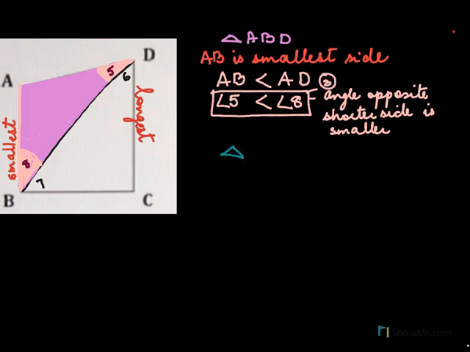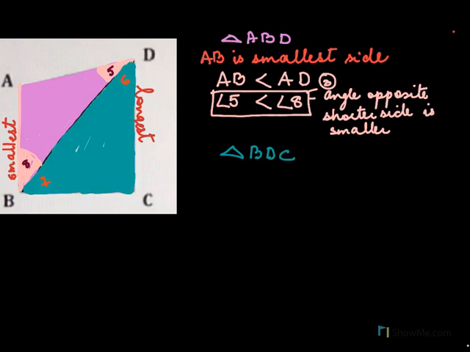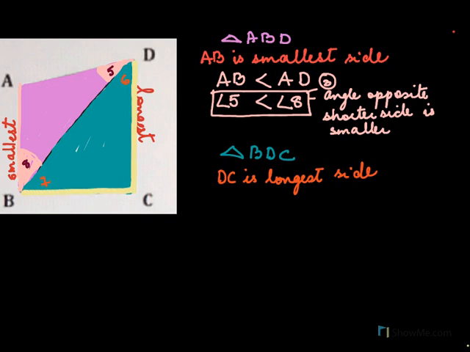Now I'll do the same process for triangle BDC. Again in BDC, we know that DC is the longest. So no other side is longer than DC. If I compare DC and BC, I need to write that BC is less than DC because DC is the longest side.